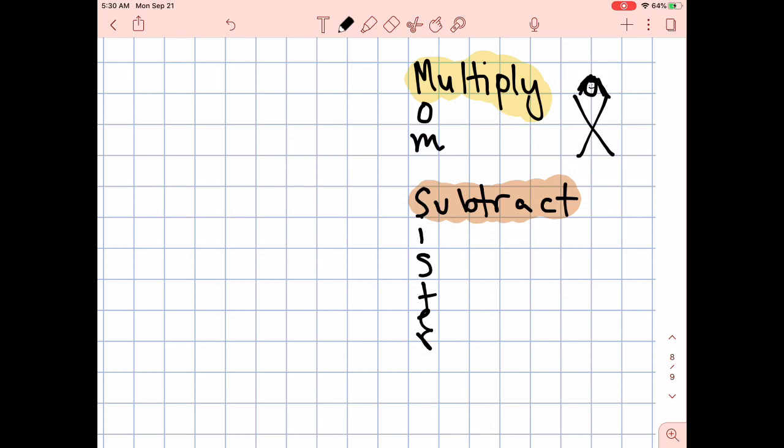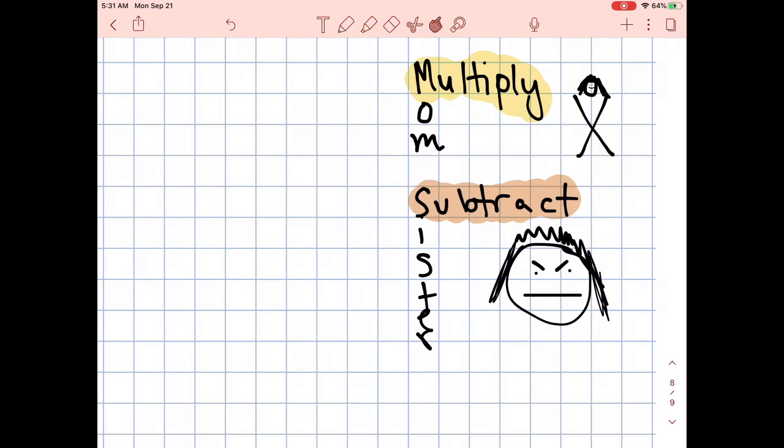And sister, so here's subtract, sister. That's like a straight line, right? And I like to show that with, maybe I'll draw a grumpy sister. No offense, sisters, you're cool. But she has a grumpy mouth, so that's the face that she gets. All right, that was subtract.